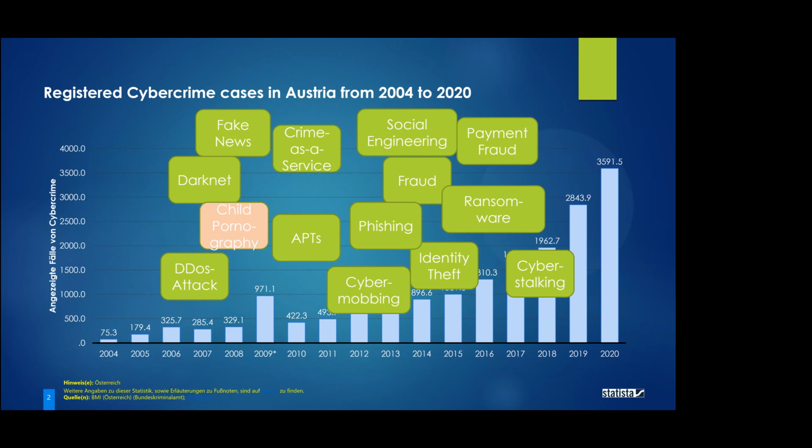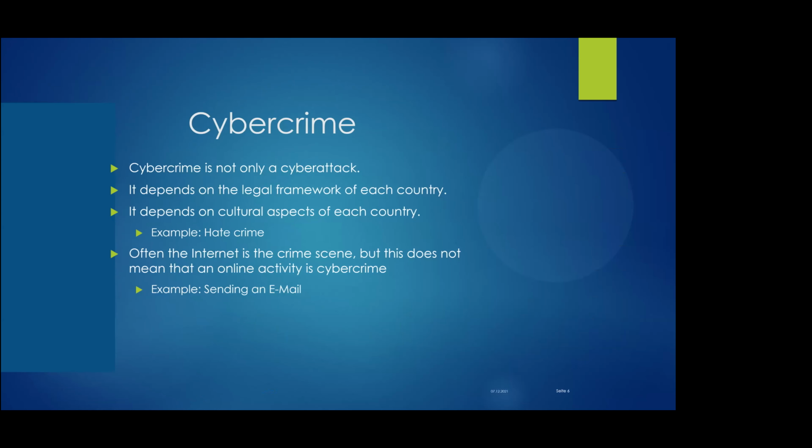But first of all, we have to say what cybercrime means in a scientific view. Cybercrime is not only a cyber attack, and this is very important to know. It depends on the legal framework and the cultural aspects of each country. There is a difference in how we talk about hate crime, for example, in Austria and Russia. Whether something is perceived as hate depends on the cultural aspects of the country.